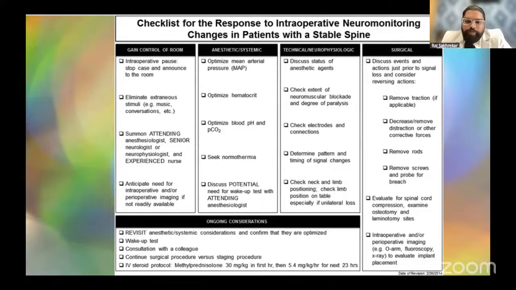Also discuss with the patient before the surgery that in between the surgery, we might do something called a wake-up test, and train the patients before the surgery itself. The anesthetist will be giving you a call, and when she gives a call, you might not understand a bit, but all you need to do is move your legs.